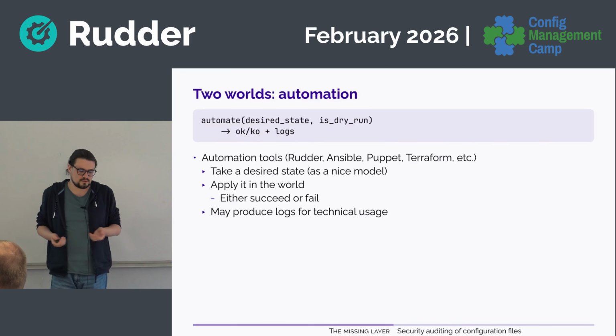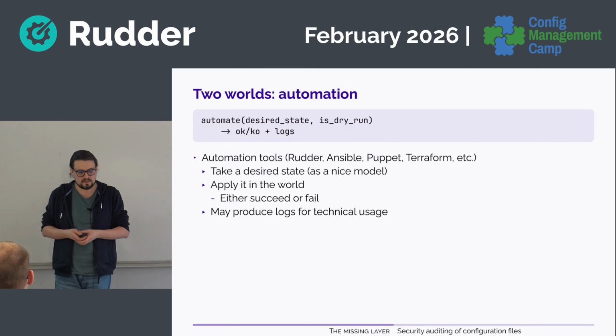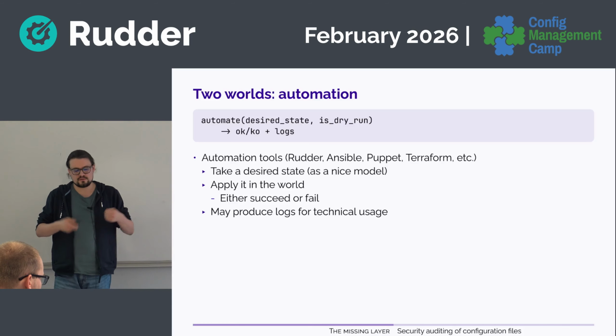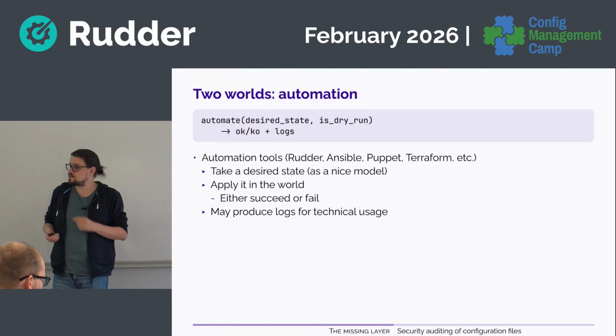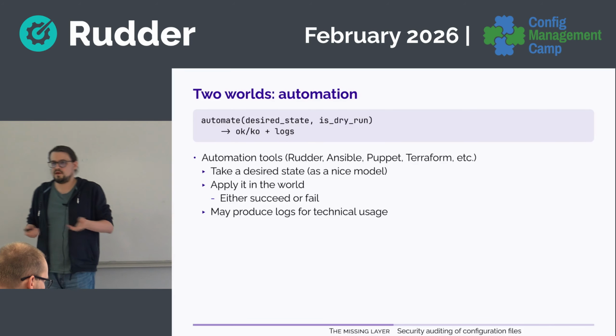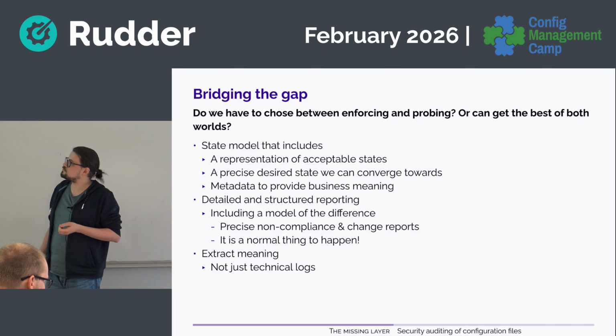And in the audit world, things are not compliant, and we must live with it. And usually there is a scoring system to give meaning to the result, to get an overview and not just the technical logs. Sometimes they include a remediation mode, but as I said, it's often like if configuration management hadn't existed and everything is just shell scripts that run directly.